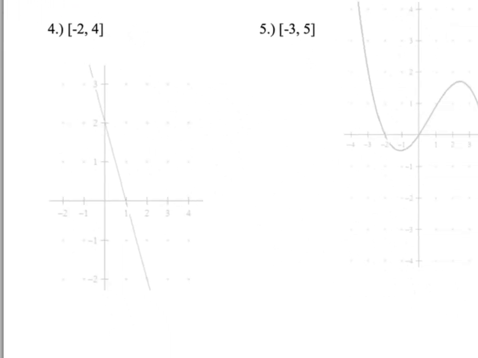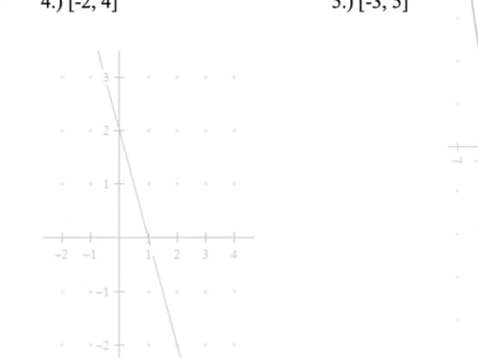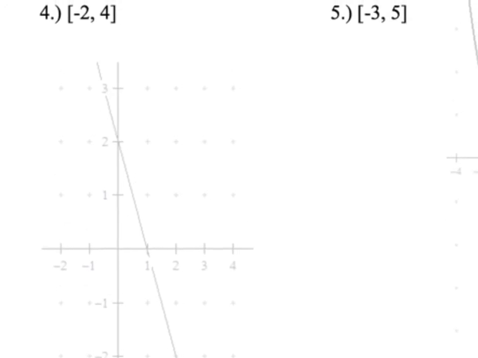All right, given this function f of x, I want to draw f prime of x and f double prime. So the slope of this function from negative 2 to 4, well, this function has a constant slope.